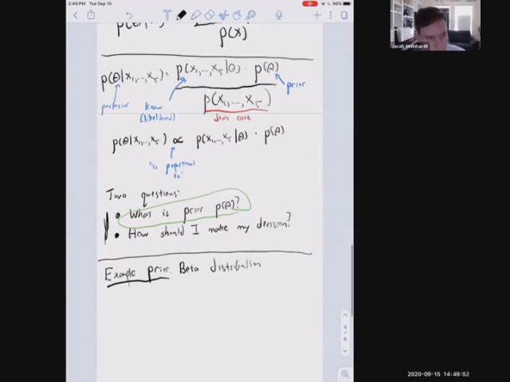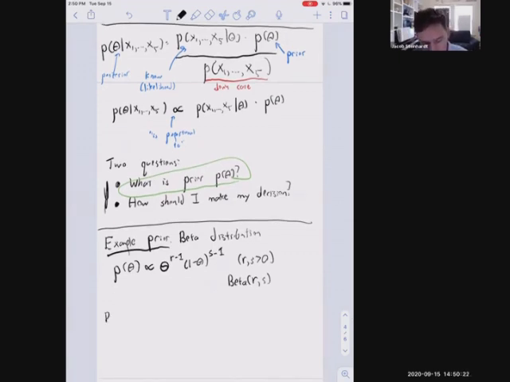In a beta distribution, we assume that the prior probability of theta is proportional to theta to the r minus 1 times 1 minus theta to the s minus 1, for some r and s greater than 0. And we call this a beta of r comma s distribution.